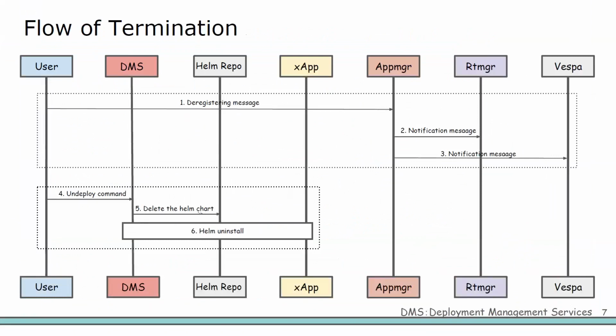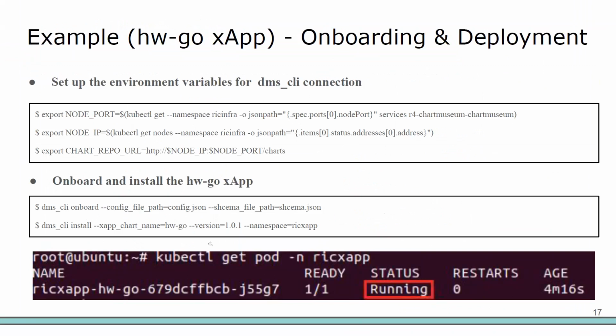It will delete the helm chart from the helm repository, and it does the helm uninstall. So the xApp will be undeployed and release its resources. So this is the example for Hello World Go.